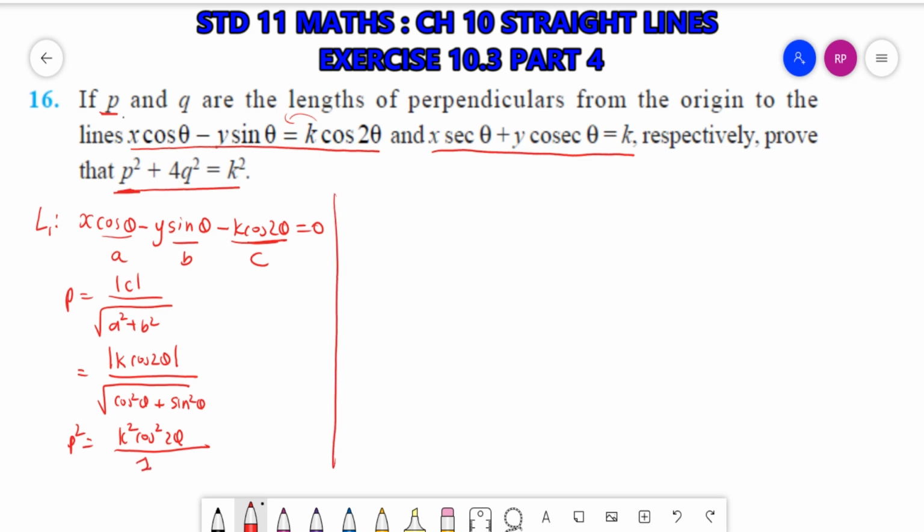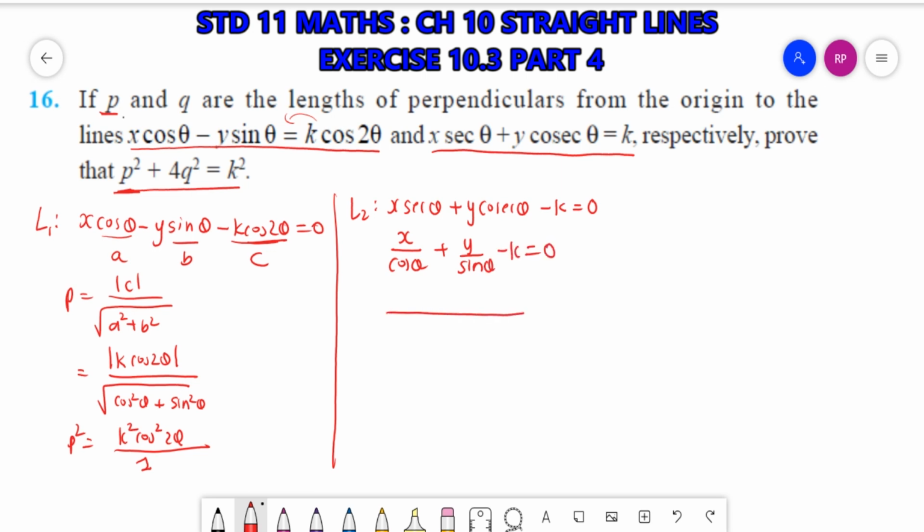Okay, now L2: x sec theta plus y cosec theta minus k will be equal to 0. Okay, so I can convert it to sin and cos: x by cos theta plus y by sin theta minus k equal to 0.